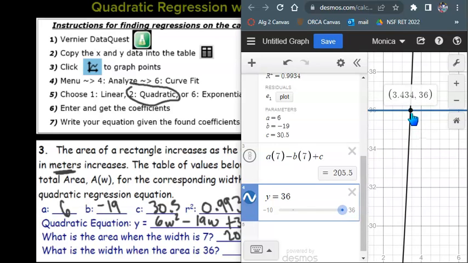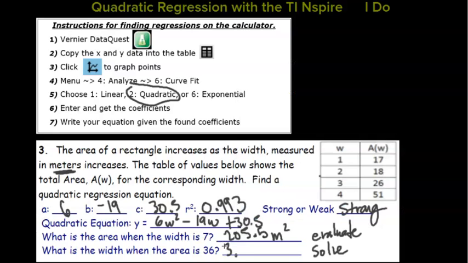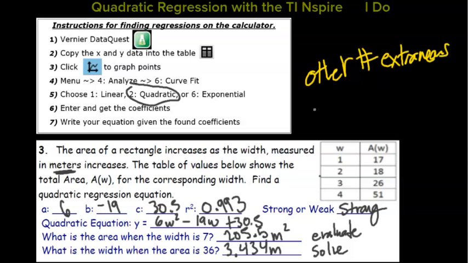So our answer would be 3.434. And again, the other number was extraneous because we can't have a negative width.